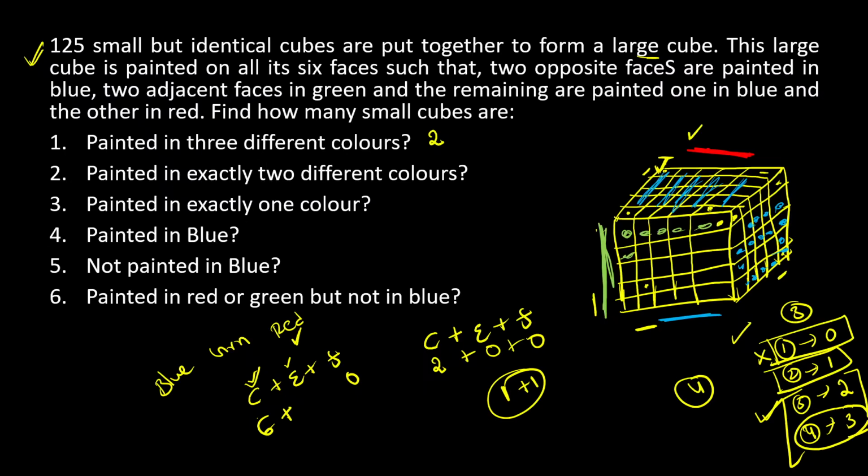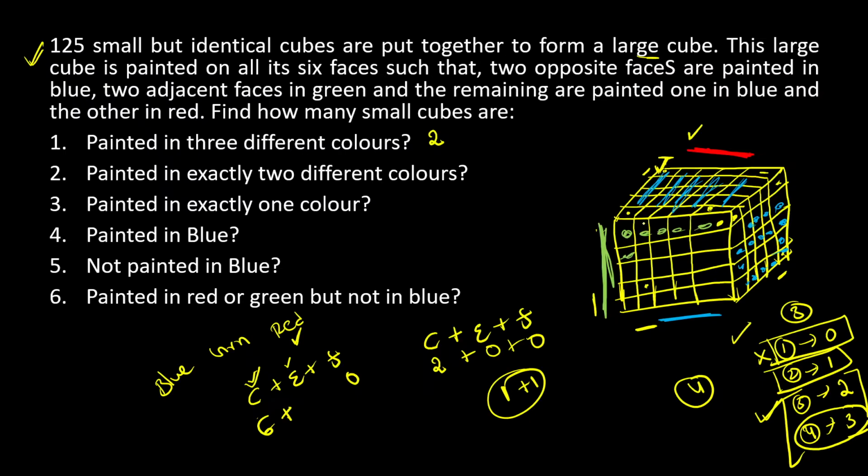Now, edges. How many cubes placed on the edges are painted in exactly two different colors? We are done with the corners earlier. Now we need to focus only on the cubes kept at the edges, and corners should not come into the picture.